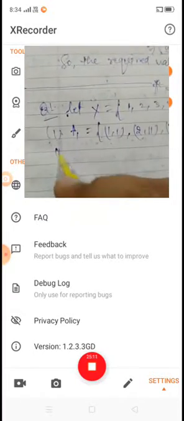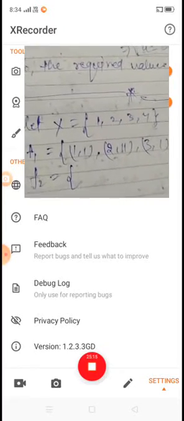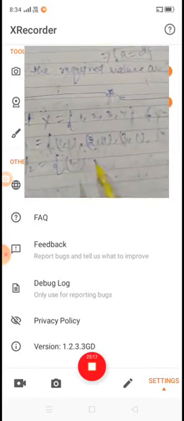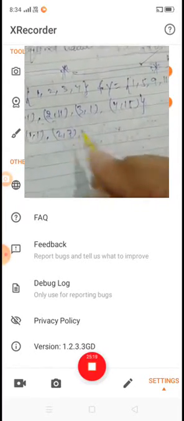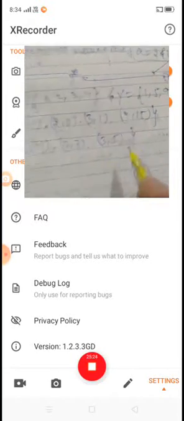Second function f2 is given by (1,1), (2,7), and so on.